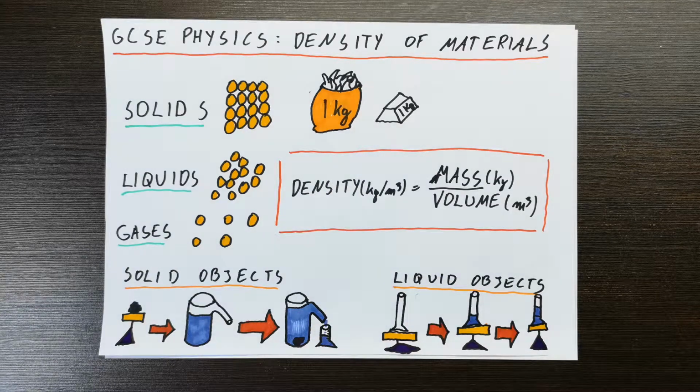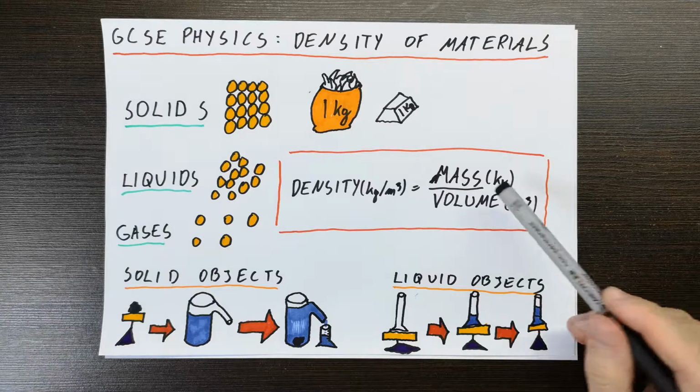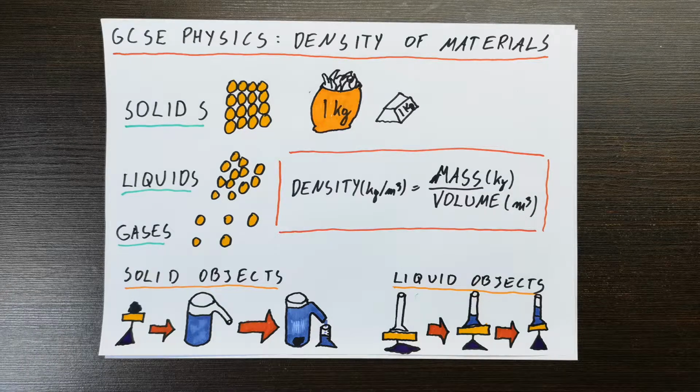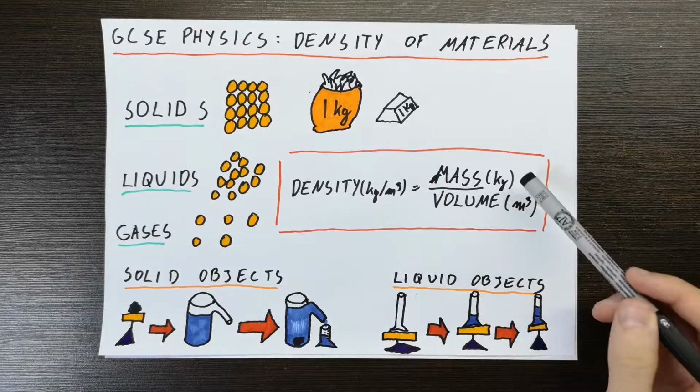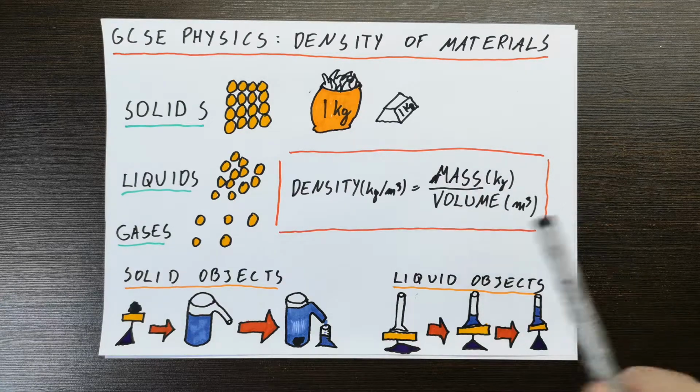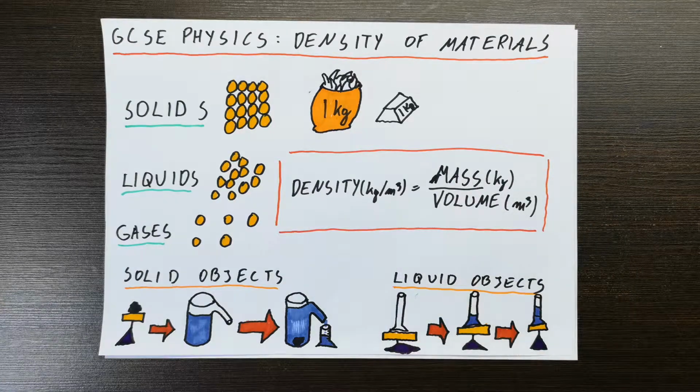So this is the main equation you need to know when it comes to density. Of course, if in an exam you get a question about finding a mass whilst you know density and volume, you can rearrange this equation algebraically to get that mass.